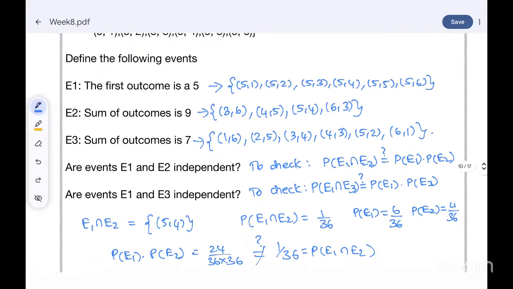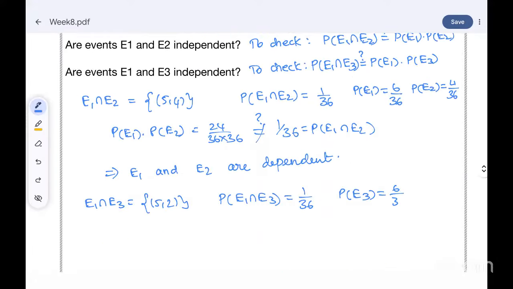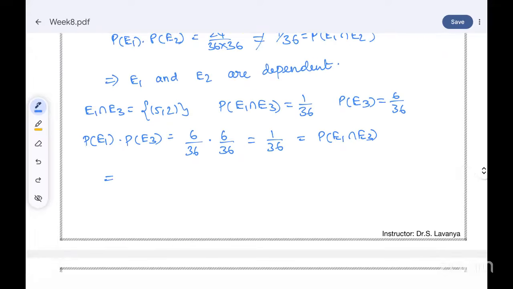So the probability of E1 into the probability of E3 is 6 by 36 into 6 by 36, which is 1 by 36. So this is the same as the probability of E1 intersection E3. Now what does this imply? E1 and E3 are independent.